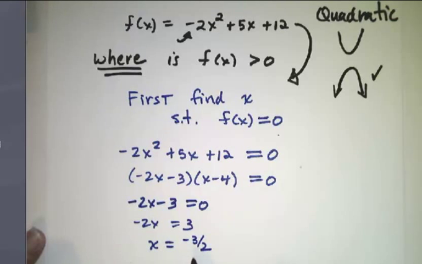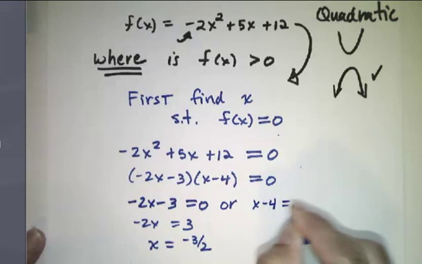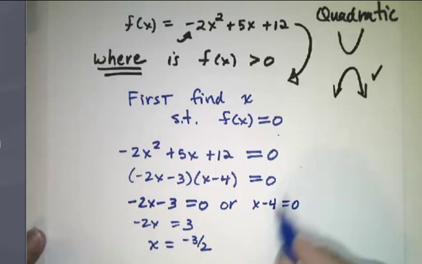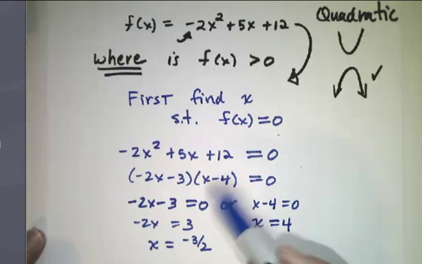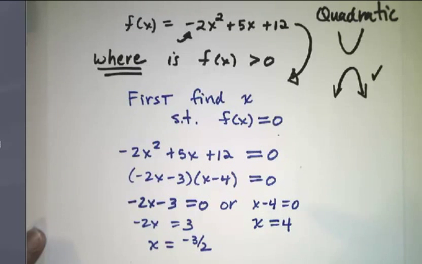So when x equals negative 3 halves, this factor equals 0, so regardless of what the other factor equals, the product is 0. Or x minus 4 is the one that is equal to 0, and that happens when x equals 4. It doesn't matter what the other factor equals. The product will be 0.